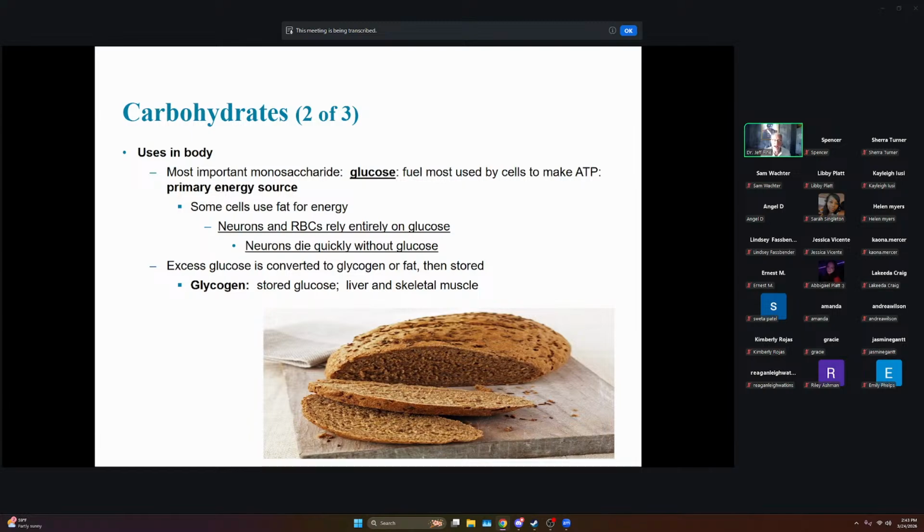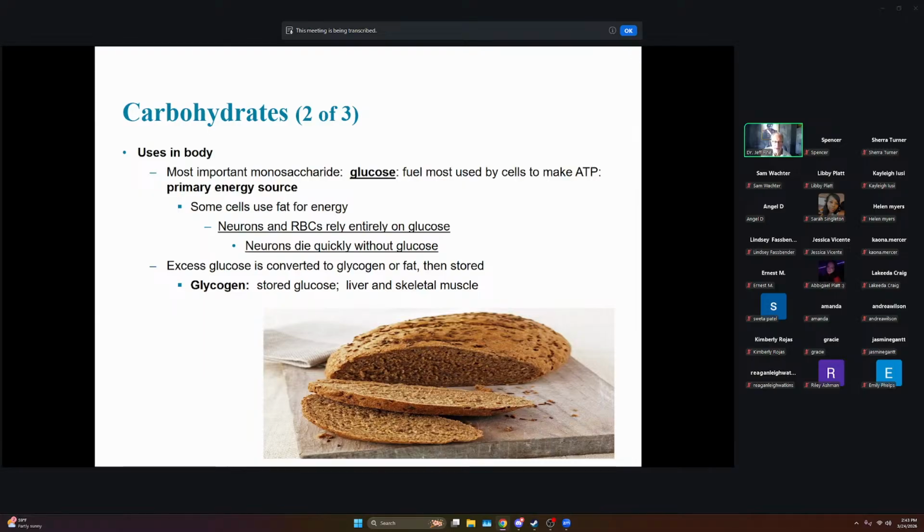The second grab: let's just say that we're going on a long run. Let's say that we're an athlete who runs a marathon. Once we start running that marathon, we're immediately going to burn through the glucose in our bloodstream.